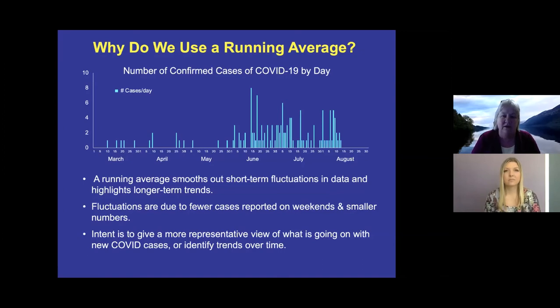It's because the positive tests have to be reported and then they have to be entered onto a database. So people tend not to get tested, or maybe they're tested, but the results aren't getting reported on a Sunday because a lot of people aren't working, say in the clinics, and some of the health clinics might be closed. So we have these fluctuations.